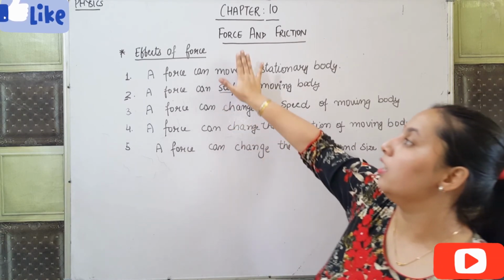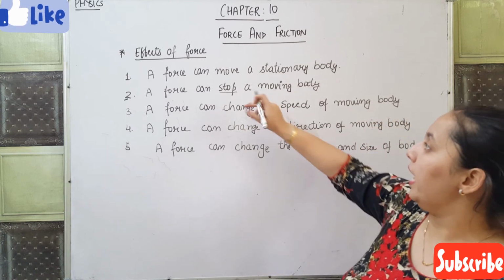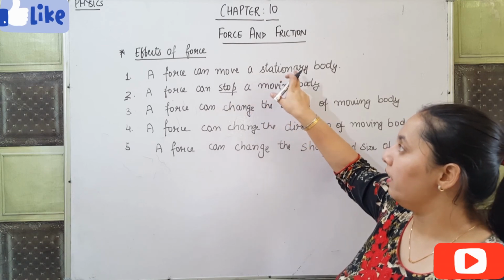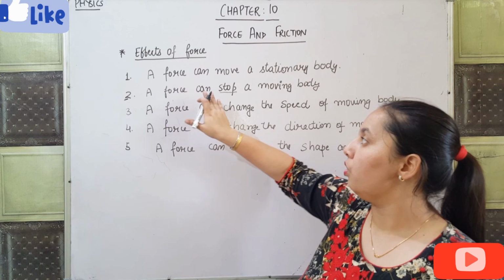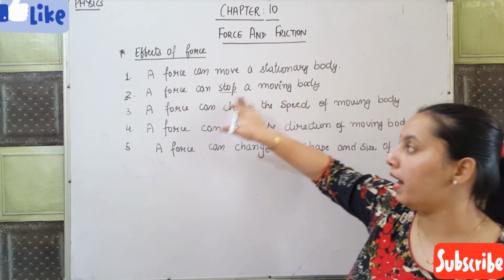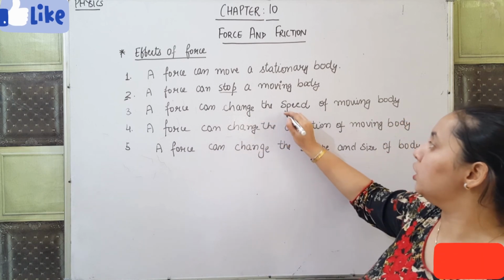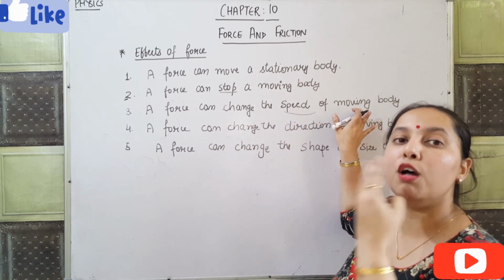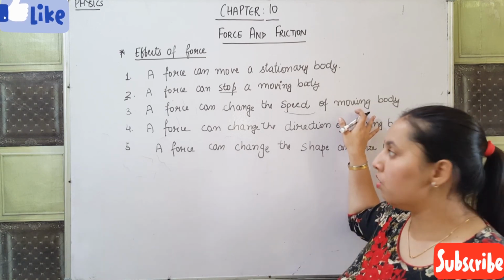So these are the main effects of force. It can move a stationary body, means a body which is at rest can move by applying force. We can also stop a moving body by applying force. Force can also change the speed of a moving body, make it move faster or slower.